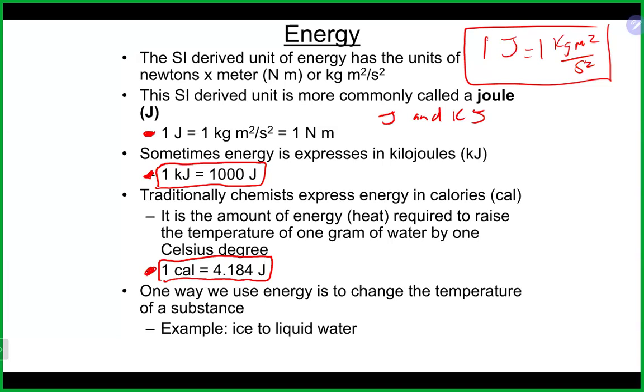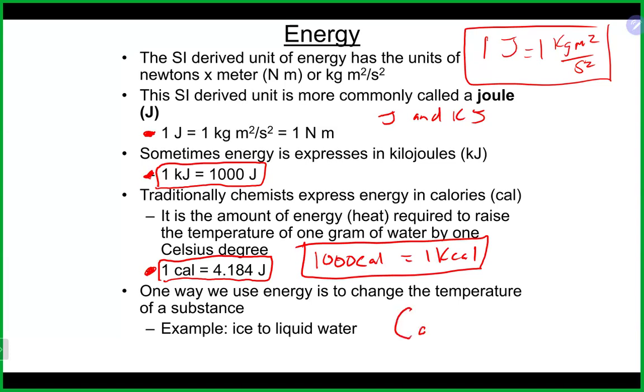In addition to kilojoules and joules, calories and kilocalories are also common units. So 1,000 little calories is equal to 1 kilocalorie. So what do I mean by little c? There is also a calorie with a capital C. I'll write it like that for dramatic purposes. 1 capital C Calorie is actually 1,000 of the little calories, and that's also 1 kilocalorie.